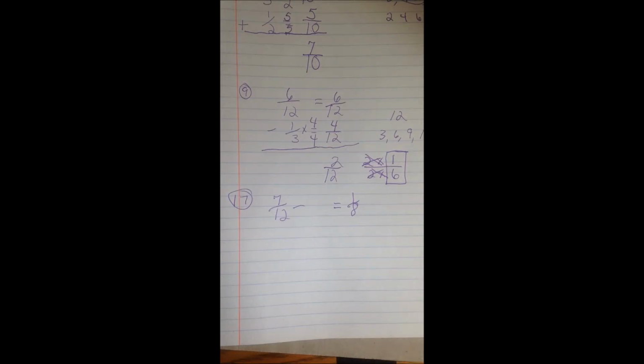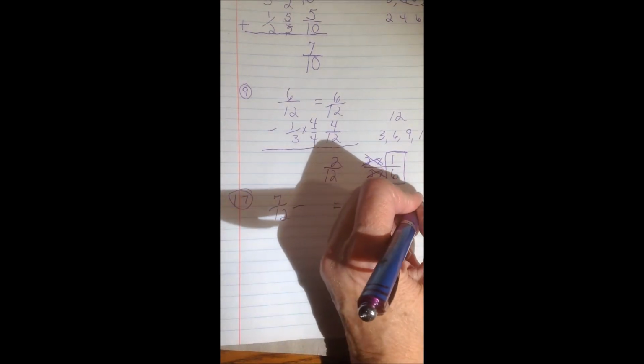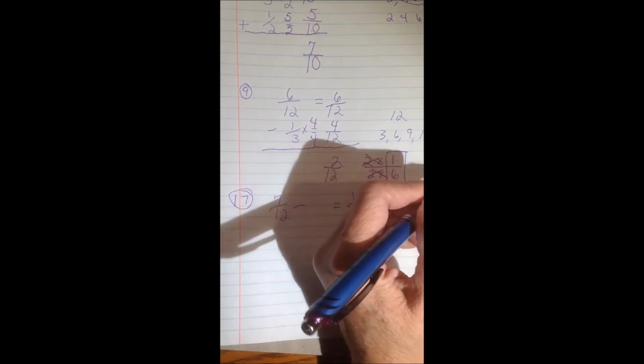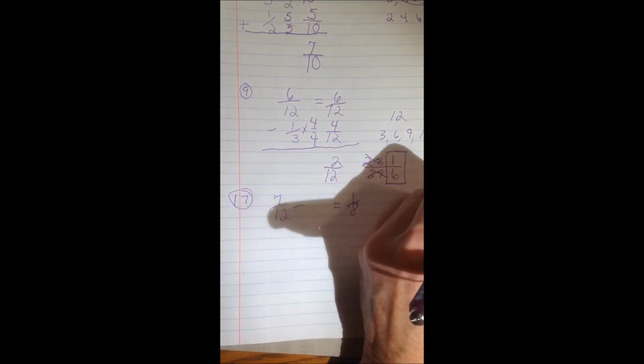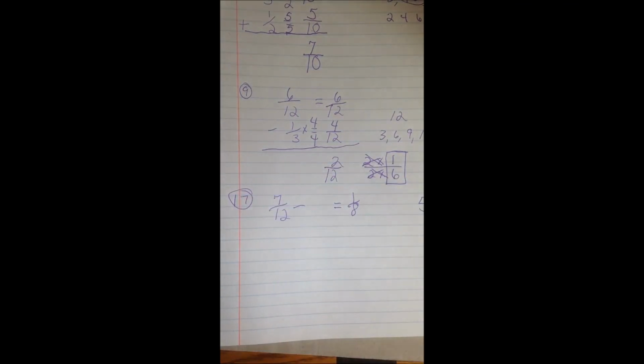So I'm going to do a simple problem. 5 minus something is going to give me 4. Now, everybody knows 5 minus 1 is 4. But how did we really get that? Well, we went 5 minus 4. That's going to give us 1.